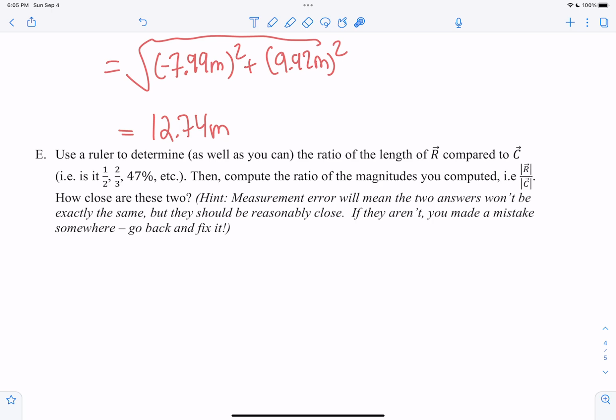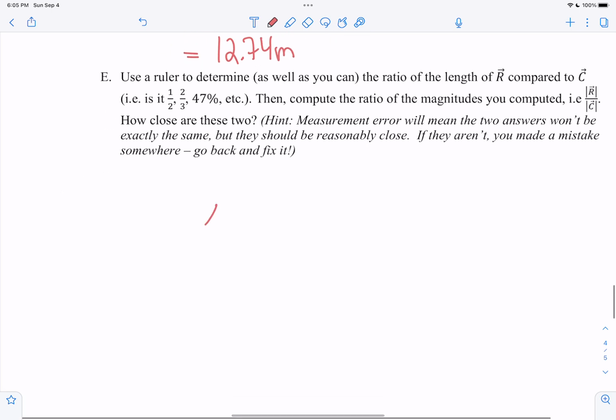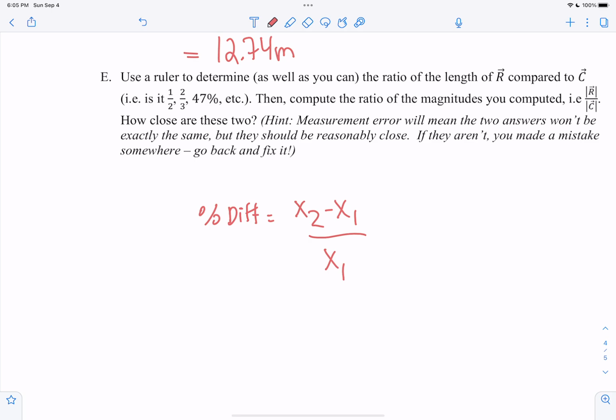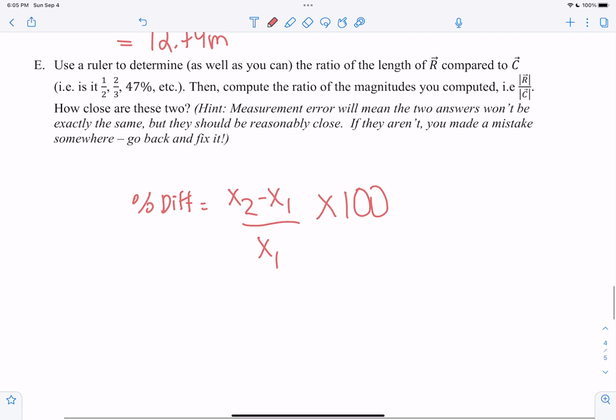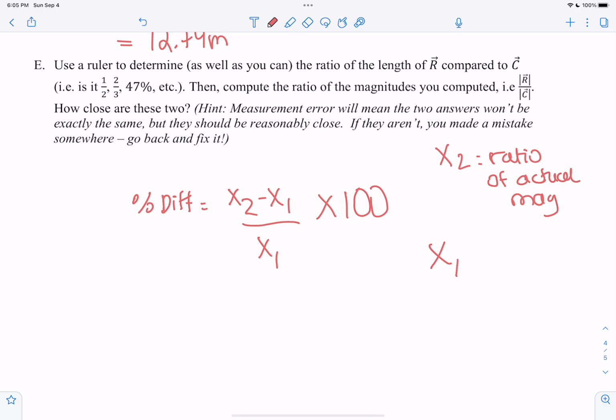If you don't know how to take percent difference, it's basically x2 minus x1 over x1, and then times 100. That'll give you the percent difference. So let's say we define x2 as the ratio of the actual magnitudes, and x1 would be the ruler ratio.